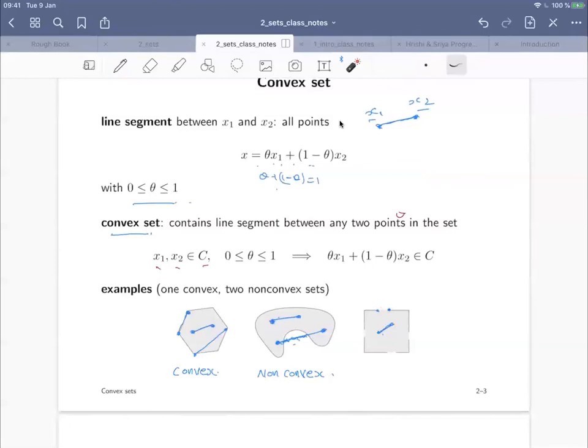Since this line segment is not contained in the set, this is a non-convex set. Of course you can think about any kind of sets and verify this. For example, if you take this set, this is non-convex.